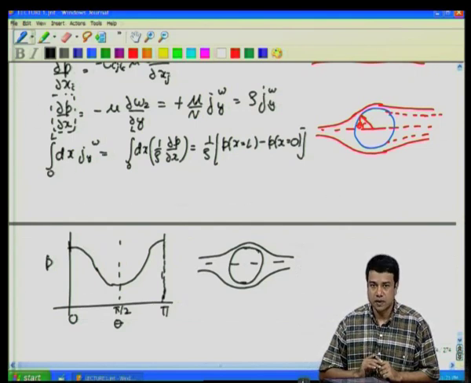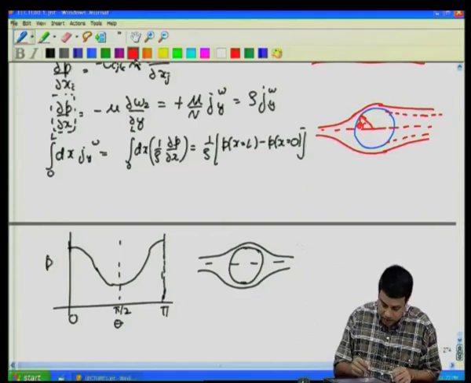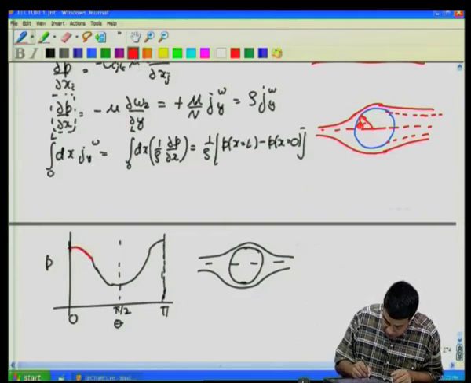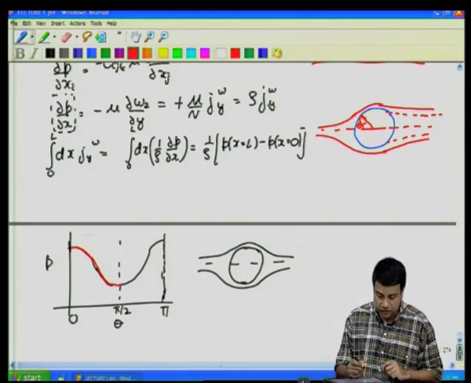But because of boundary layer separation, I showed you that there is actually a wake region that forms behind the cylinder. In this wake region, the pressure is actually much lower. So, if you plot the pressure along with boundary layer separation, what you find is that it approximates the potential flow solution on the upstream side, because the boundary layer is attached to the surface.